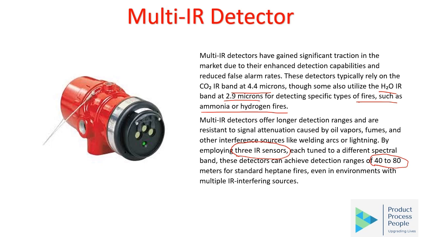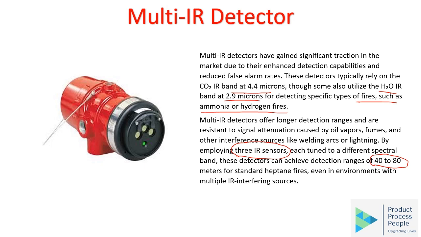These detectors are designed to be highly sensitive, significantly reducing the occurrence of false alarms even in challenging environments. And resilience to interference. Multi-IR detectors are less affected by signal attenuation due to oil vapors, fumes, and other interfering sources like lightning and welding arcs.